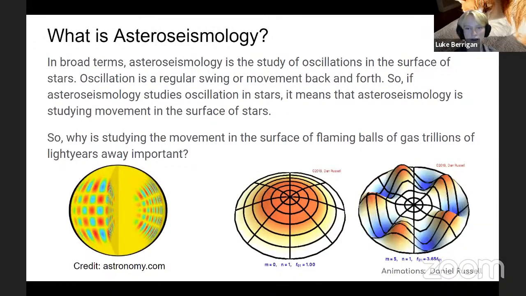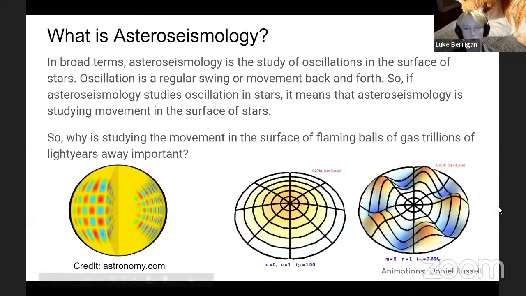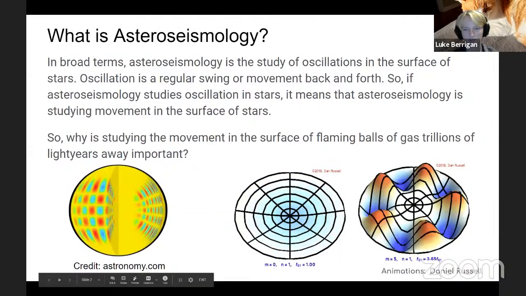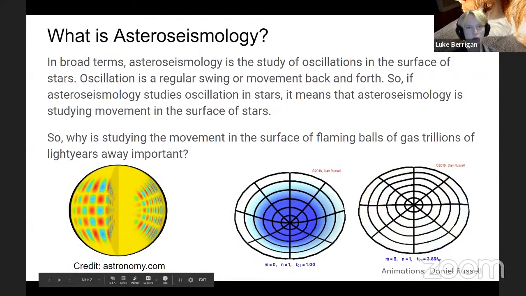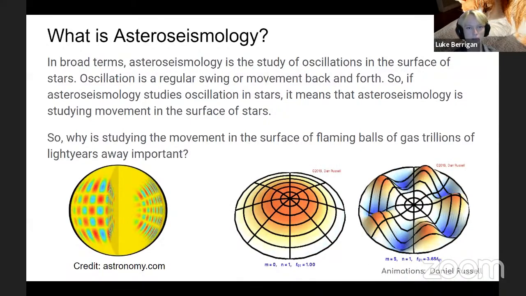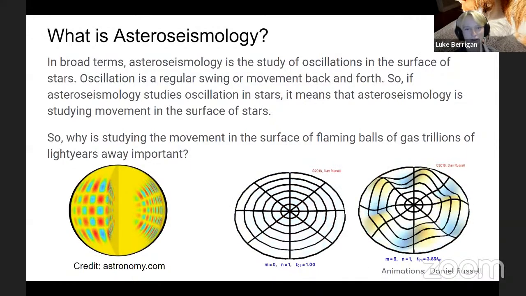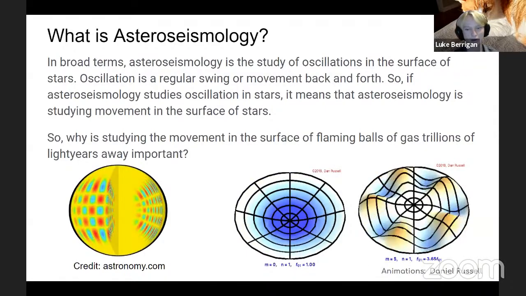You can see down on the bottom right hand of the screen, it's showing a flat object with oscillations happening in it. That is what happens on the surface of the stars, and that's what astroseismology studies. So, why is studying movement in the surface of flaming balls of gas trillions of light years away important?